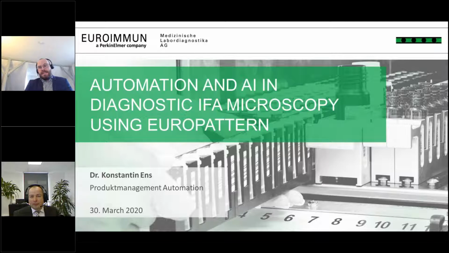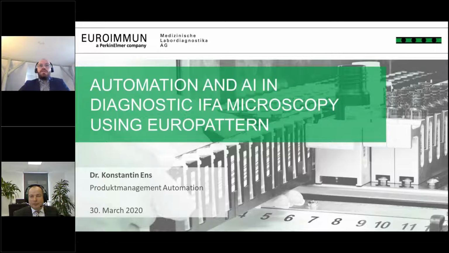Speaking of our speaker, to me personally, our speaker today is the perfect embodiment of the developments in this arena over the last decade or so, because he's a computer scientist by training, and he combines this skill set with his passion for diagnostics. So I'm talking about Dr. Konstantin Enz. He studied computer sciences at the University of Lübeck in Germany and obtained his PhD on image processing at Philips Research in Hamburg in Germany. Equipped with his highly relevant expertise, he started as project manager at Euroimmune in Lübeck in Germany in 2009.